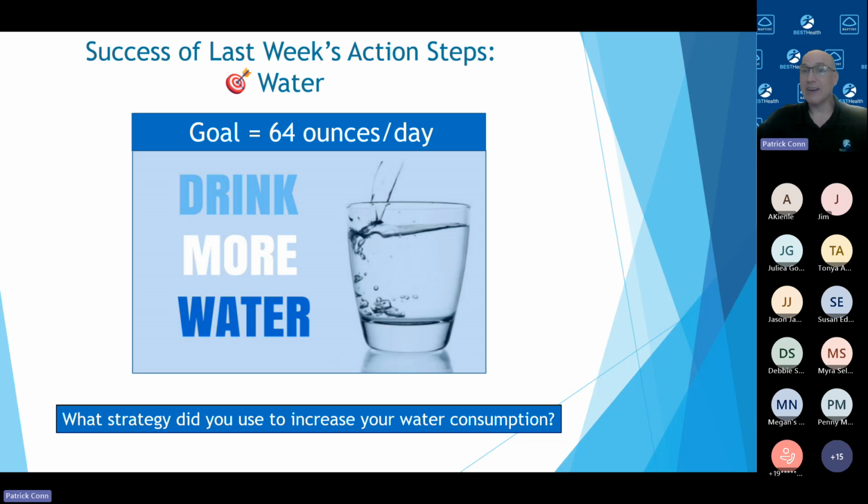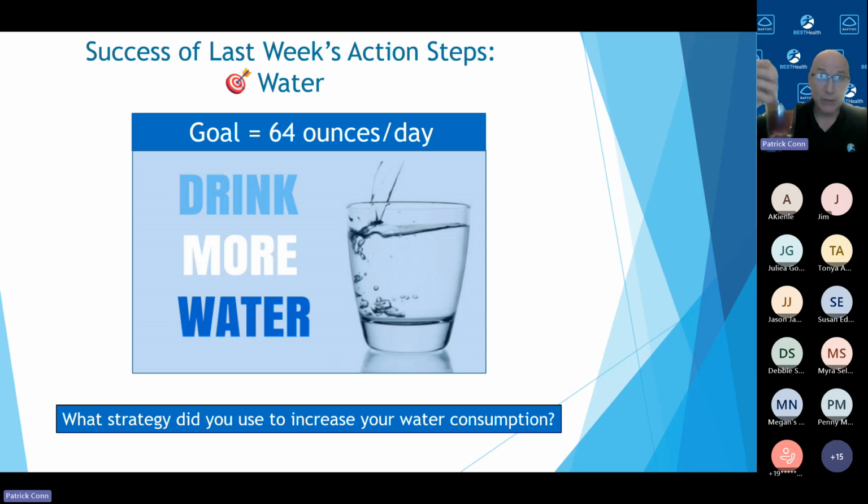Ted said he filled up his cup at the office 3 times during the day. Jim said he has a 32-ounce container and he drank 3 of those. Penny said she added unsweetened tea to help reach her goal.